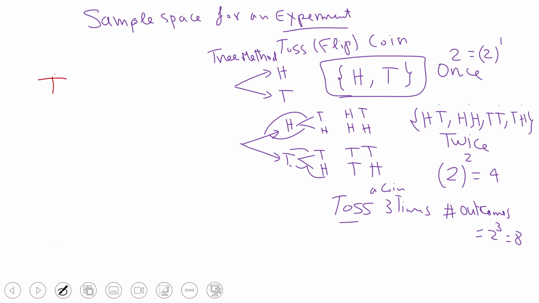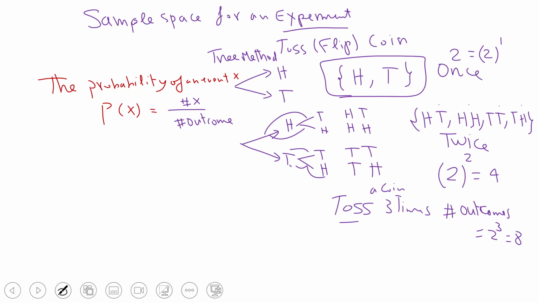Because the probability of any event X is denoted by P of X. So P of X is equal to how many times your X appears in your sample space over the total number of outcomes.